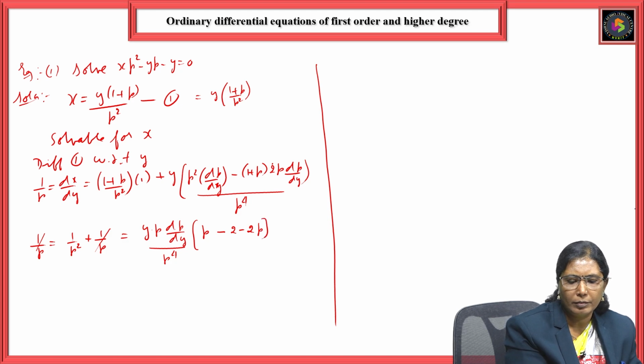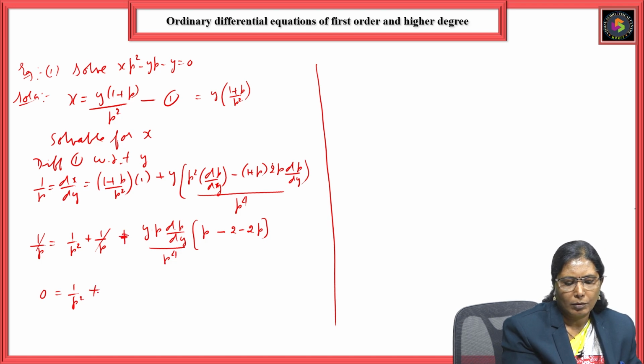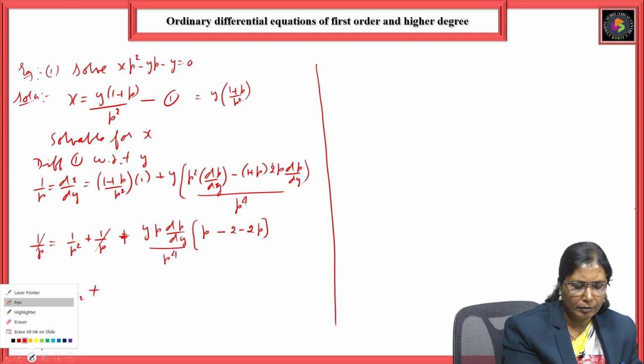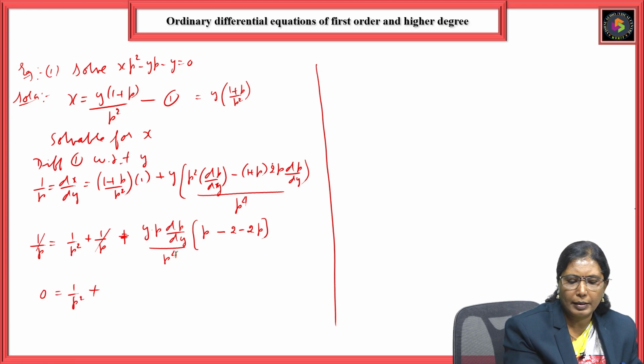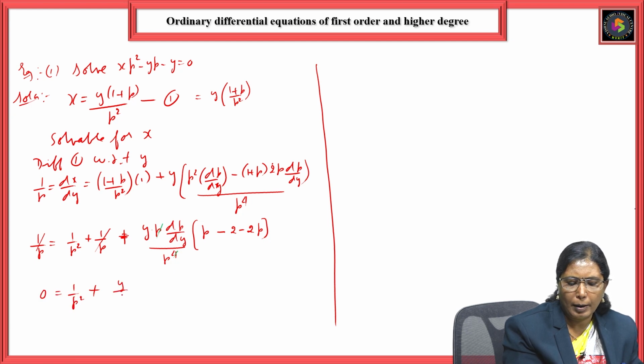So 0 is equal to y by p cube dp by dy times (minus p minus 2).